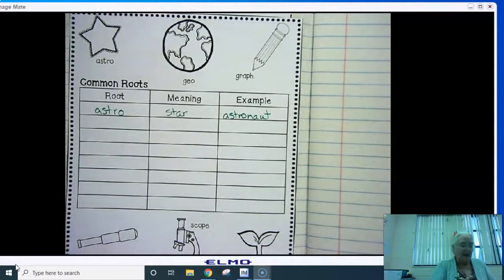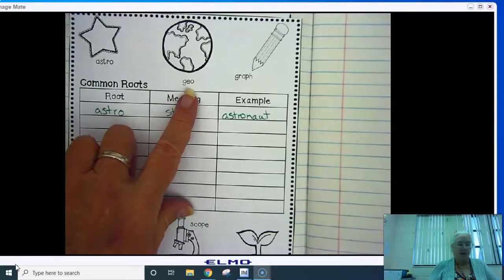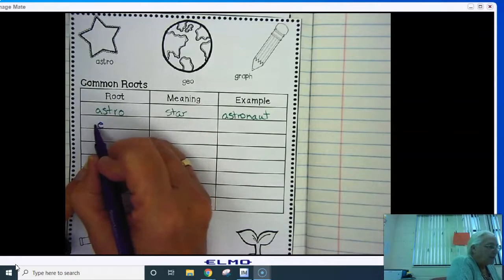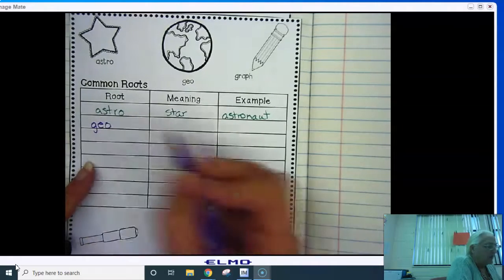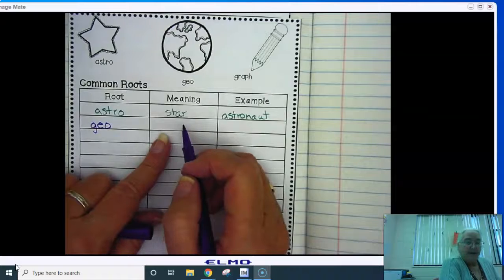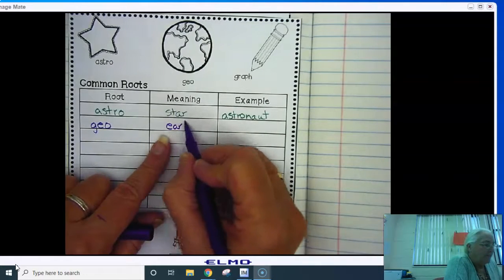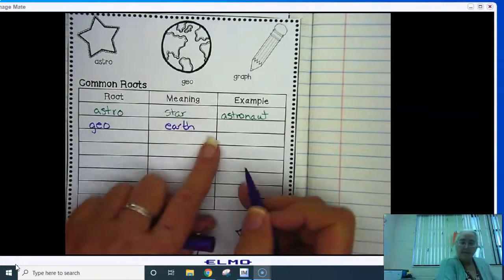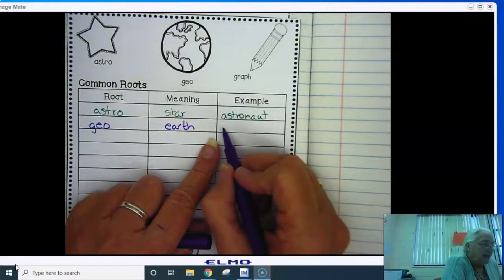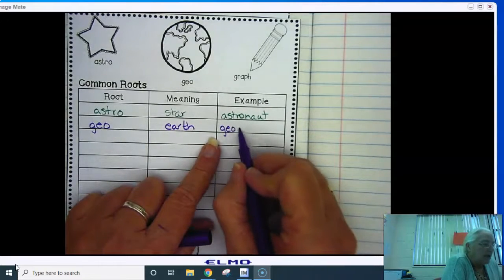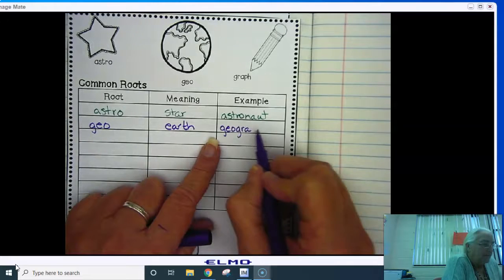Let's look at this one. Geo. Geo is the root, G-E-O, and it means earth. And an example of using that root is in the word geography.